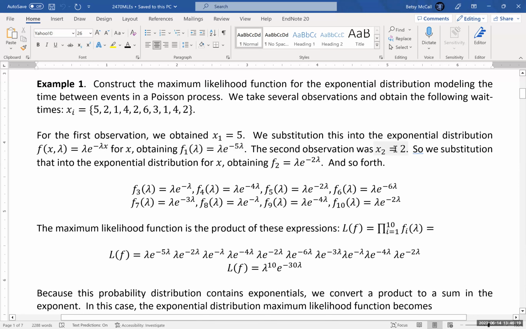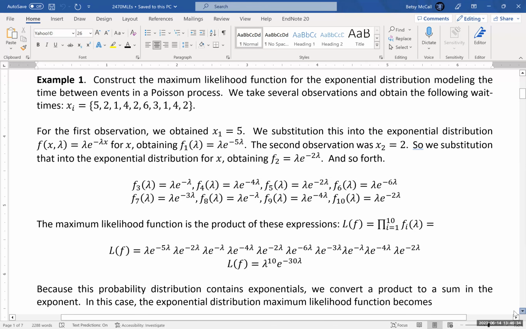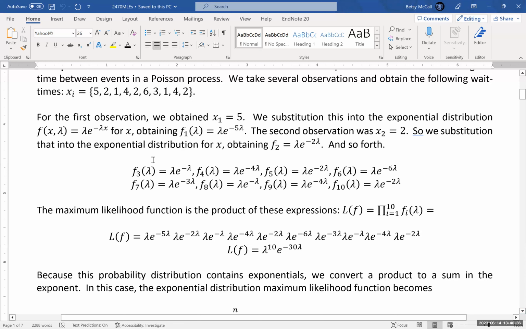And our second observation being 2, we plug that into our second function, which has, again, some unknown parameter lambda, but the x turned out to be 2. And so we substitute that in. Each one of these observations that we have gets plugged into our exponential distribution with the x value known.